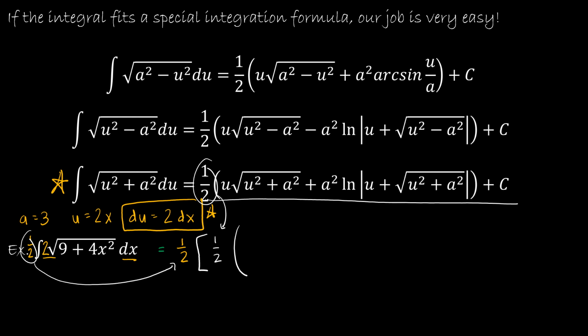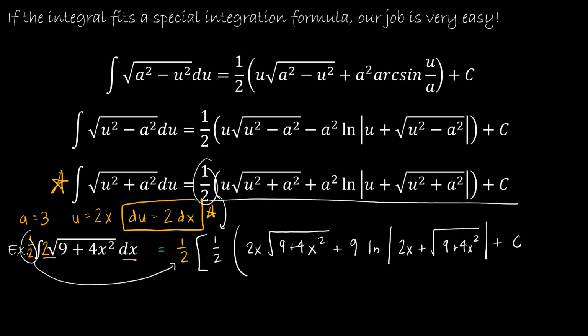And then that's times everything, so u is 2x, square root of u squared plus a squared, so I'm going to keep it in the same order as the original question for continuity, plus a squared, which is 9, natural log of the absolute value of u, which is 2x, plus root, and again I'm going to keep it in the 9 plus 4x squared form, and then plus c. Oops, parenthesis there.